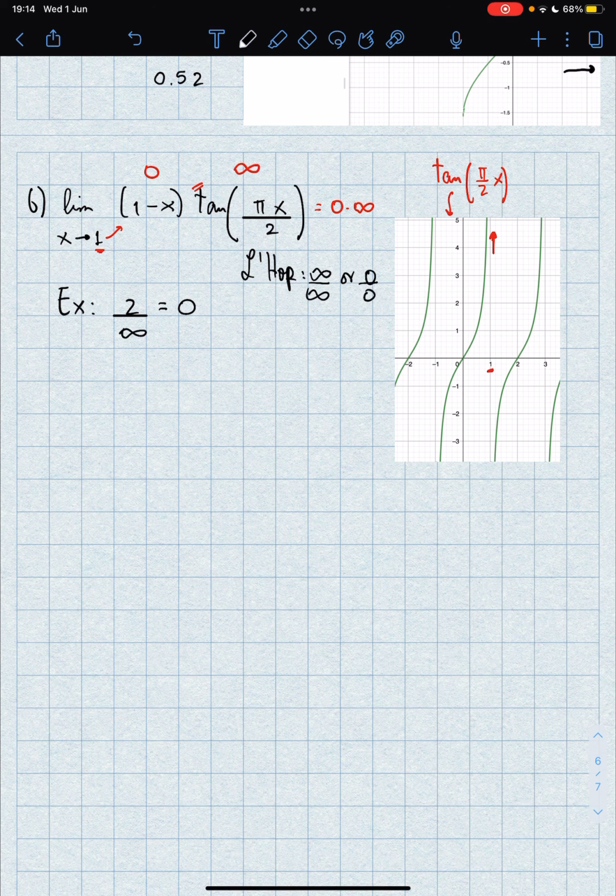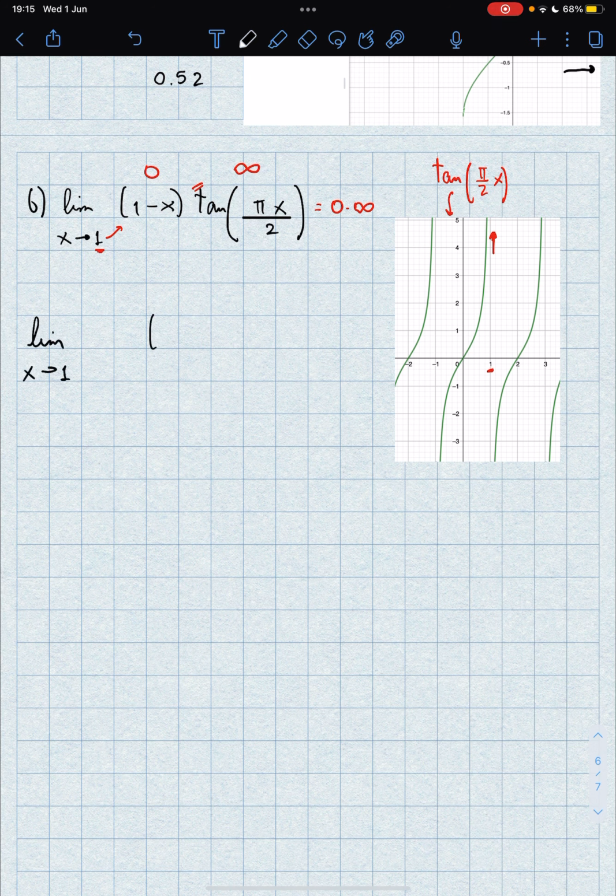So maybe we can have 0 by 0 if we have imagination, guys. Okay, so let me delete this part so you don't get confused. Perfect. What happens if I do this?